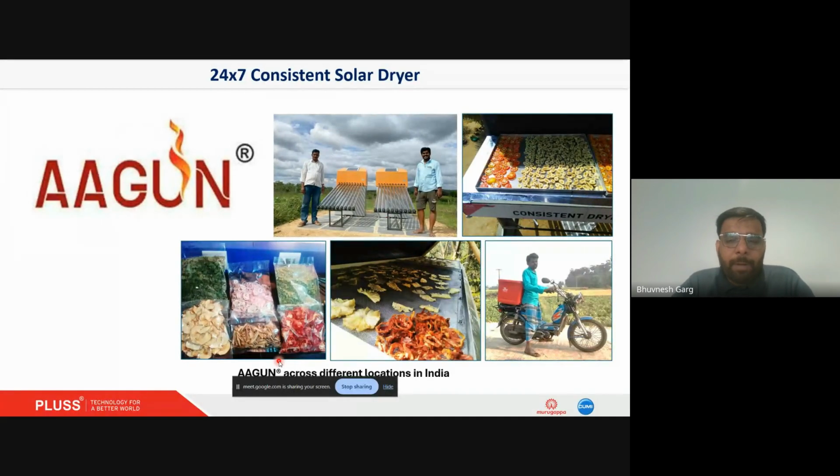In this dryer, you can dry anything, whether it is tomato, apple, onion, leaves, meat items, fish, or any glucose-rich products also.